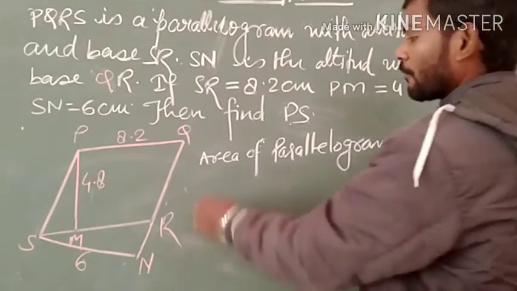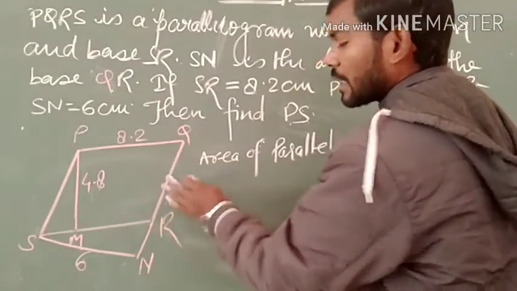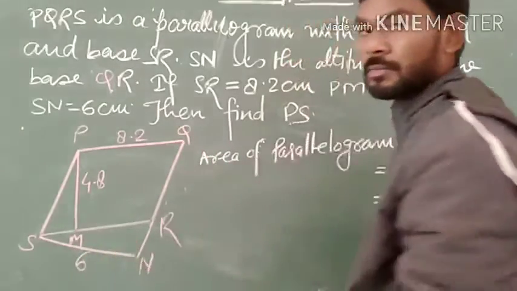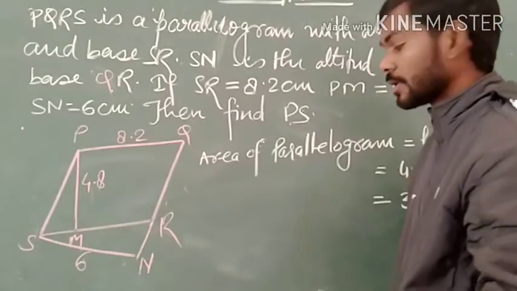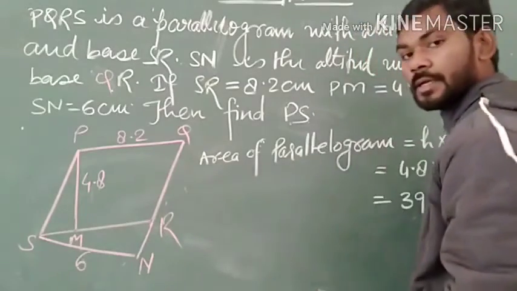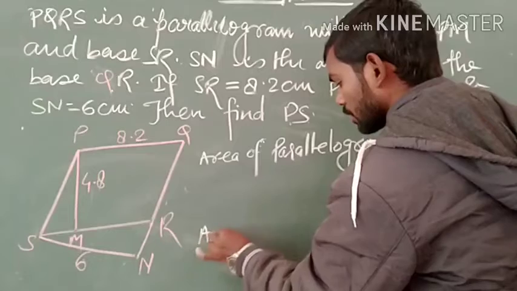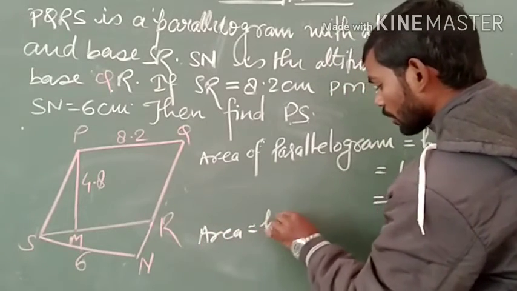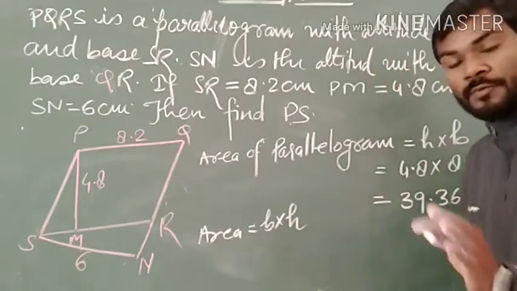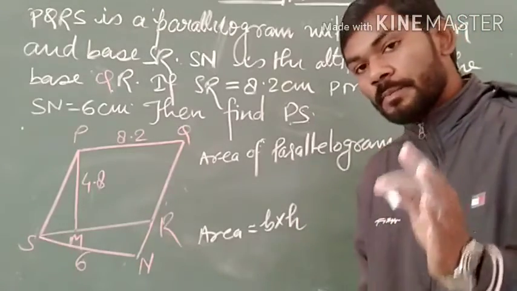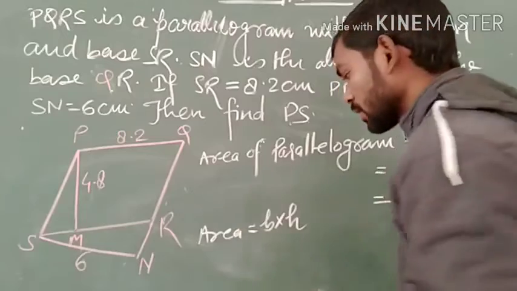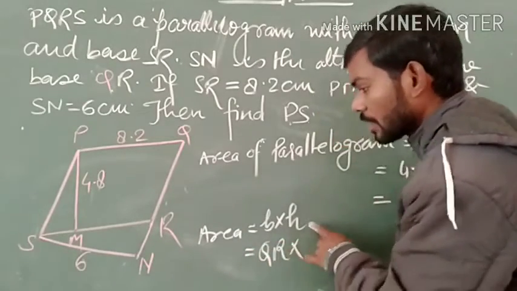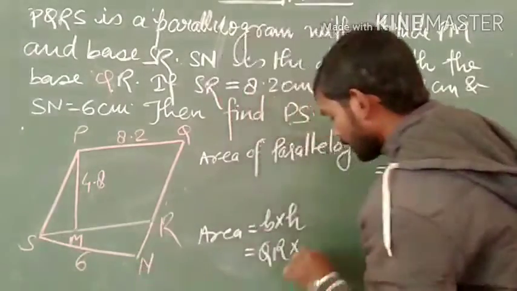Next, if we consider QR as base, then SN becomes its altitude. So again here we write area is equal to B into H. When we consider QR as base, then it becomes QR multiplied by height SN.